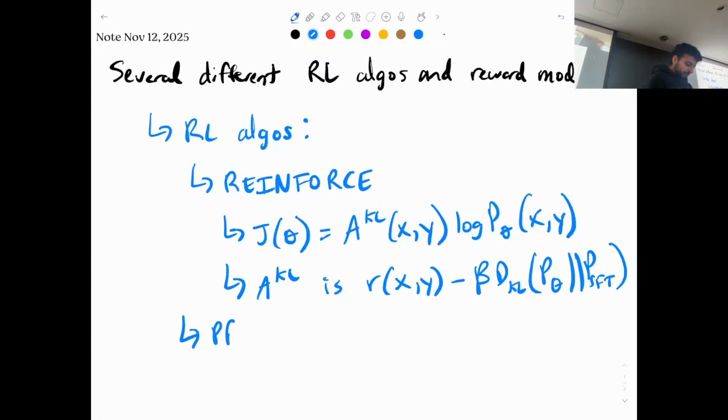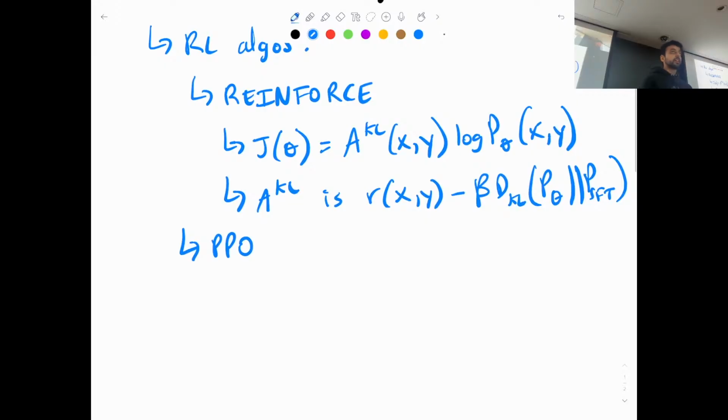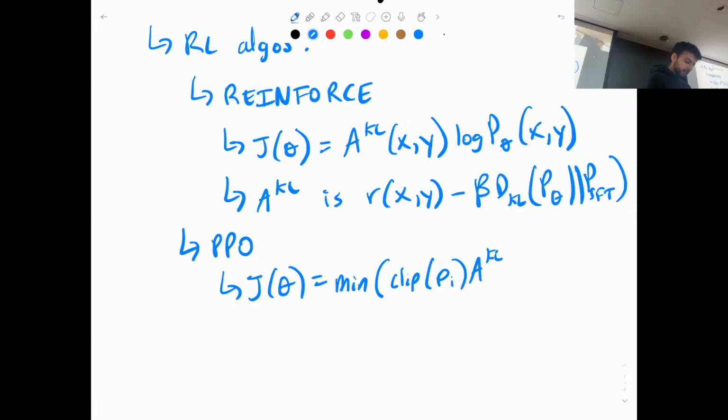So then we talked about PPO, in which the loss looks very similar, except we have this additional, we're taking the minimum of this clipped and unclipped term, right? Where the thing that we're clipping is this policy ratio, this rho, and we multiply that by our advantage. And similarly, we compute the unclipped version of this and multiply it by our advantage and take the minimum.